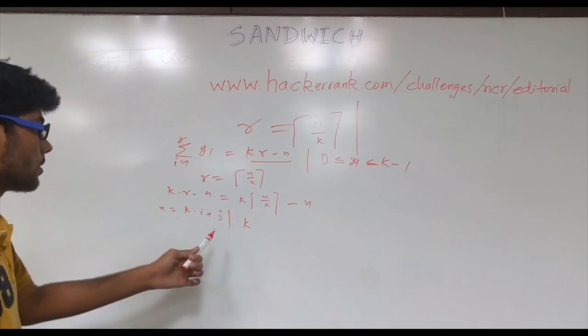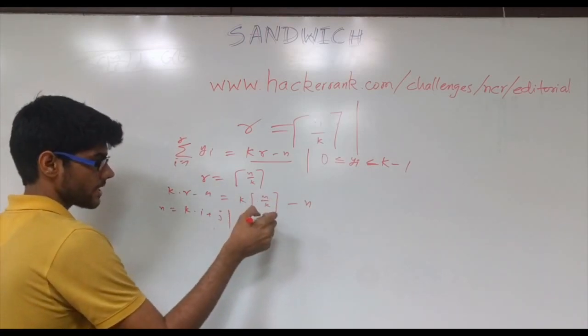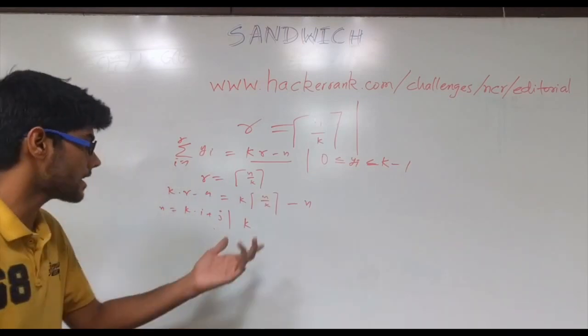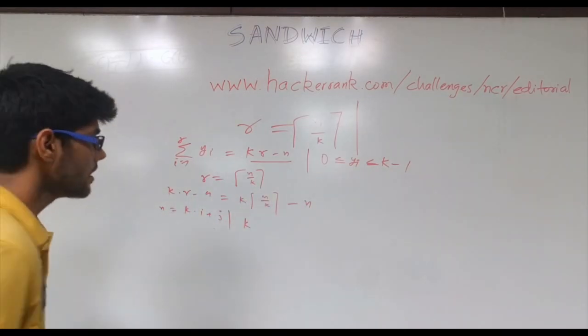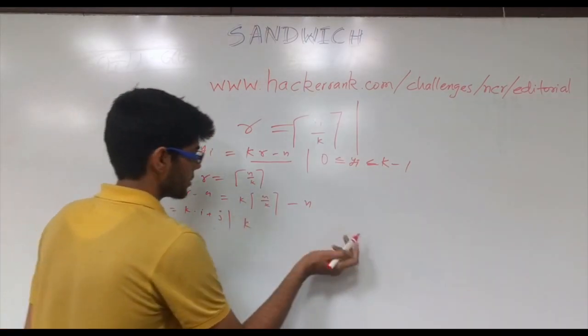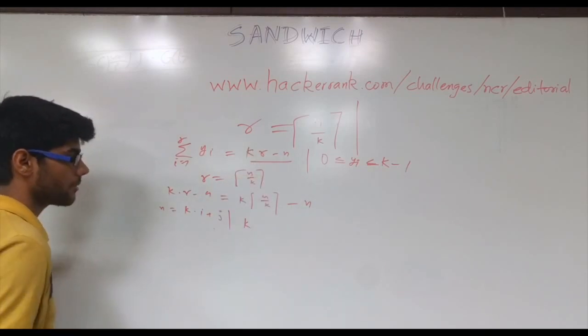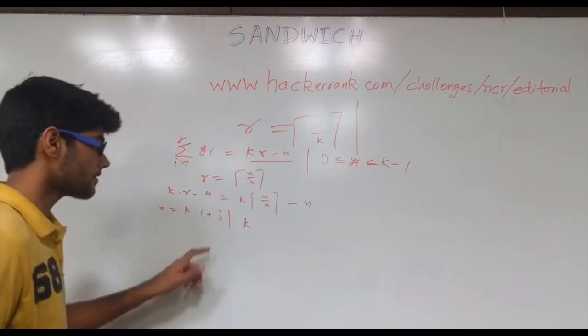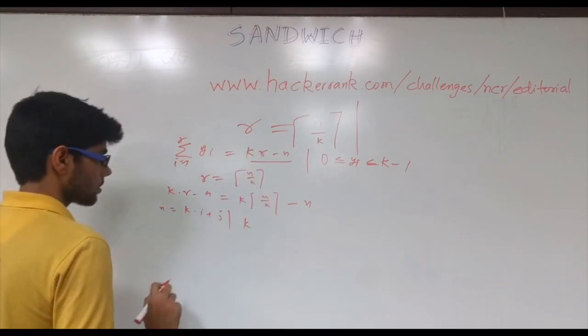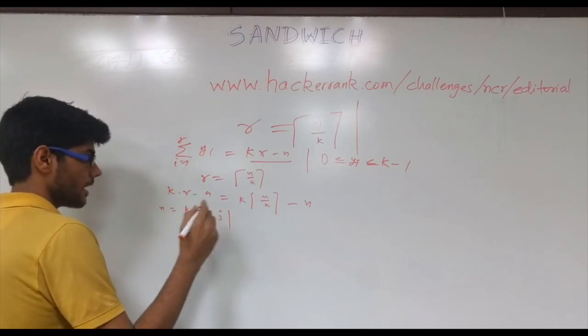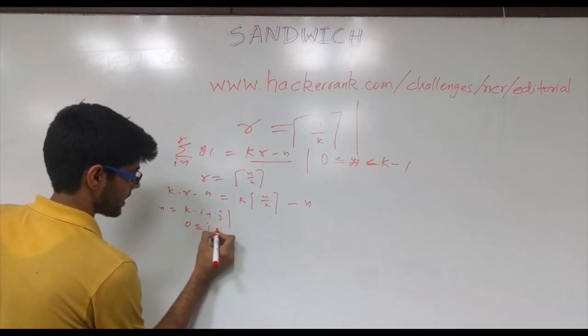When j is equal to 0, then k times n/k would be the same as n, because n is totally divisible by k, and this would be 0, which is definitely less than or equal to k minus 1. So we are now considering the case when j is not equal to 0, where 0 < j < k.